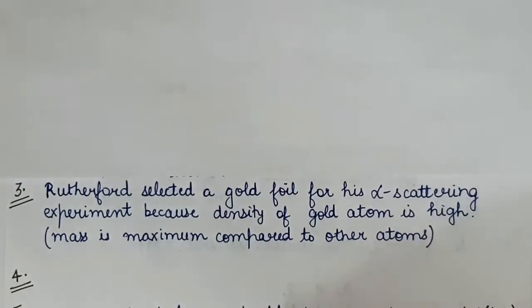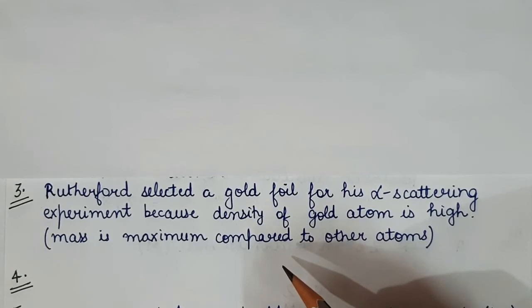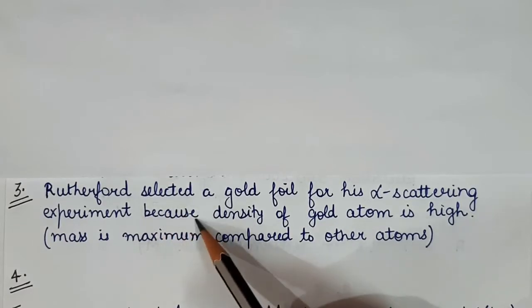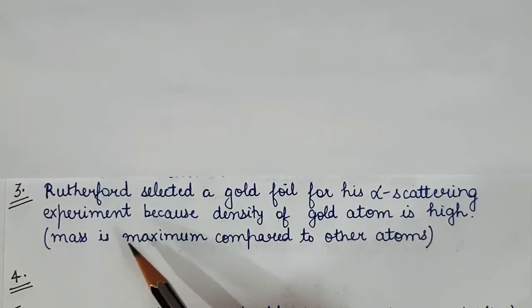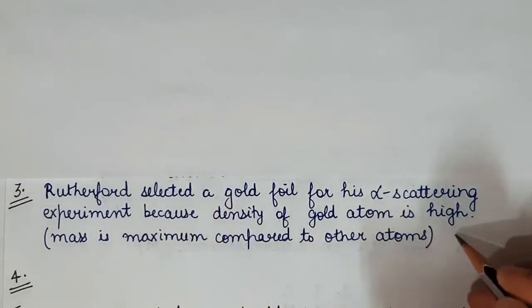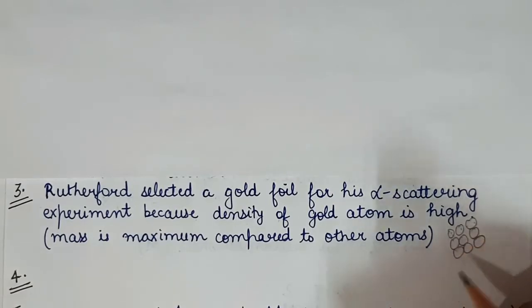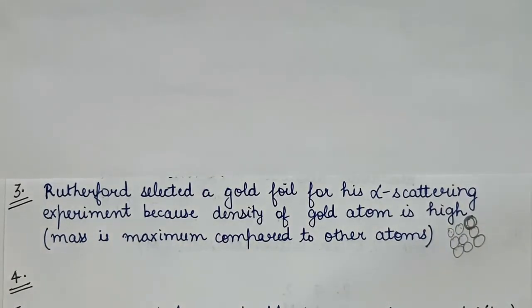Question number 3 is, why did Rutherford select a gold foil in his alpha scattering experiment? It was because the density of the gold atom, it is high. Okay, there was a gold foil. So these were the gold atoms. So the density of this gold atom was very high.